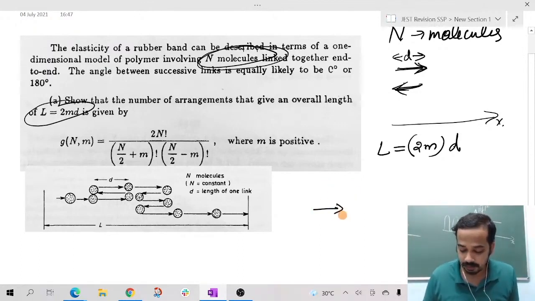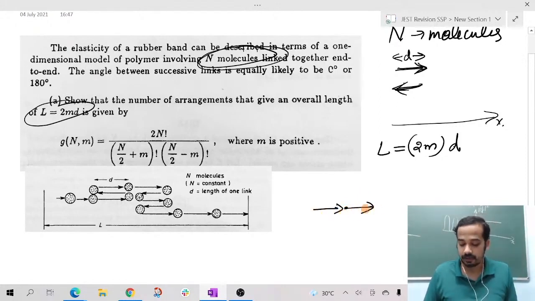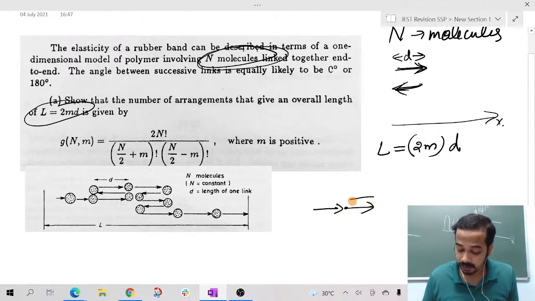The first link can be like this, the second link can be 0 degrees to the first link. The tail of the second link will be attached to the head of the first link. The third link can be 180 degrees like this. So this can happen.